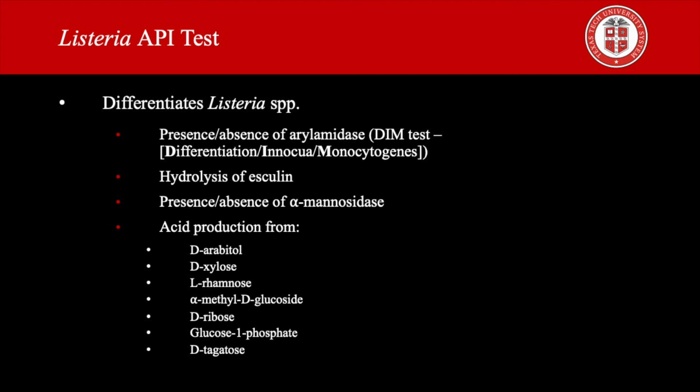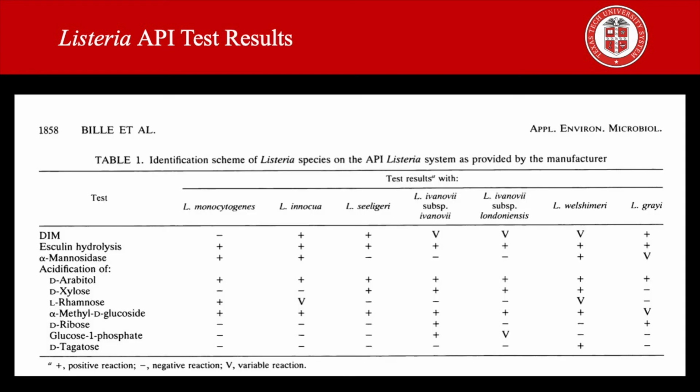The presence or absence of acrylamidase, which is a DIM test, which stands for differentiation innocua monocytogenes, hydrolysis of esculin, the presence or absence of alpha-mannosidase, or acid production from the following, can all differentiate different species of Listeria. As you can see here, the DIM test is the only one that really differentiates L. monocytogenes from L. innocua on the Listeria API test strip.